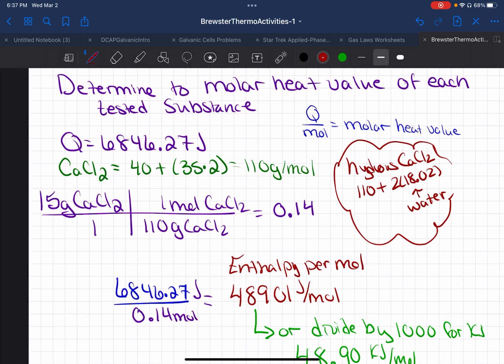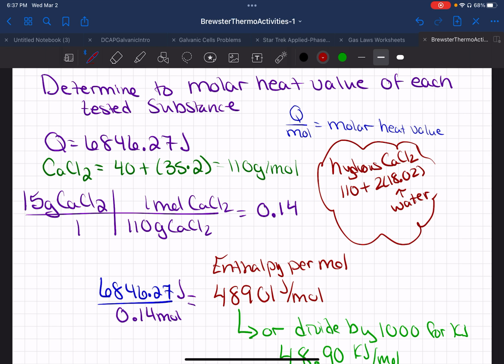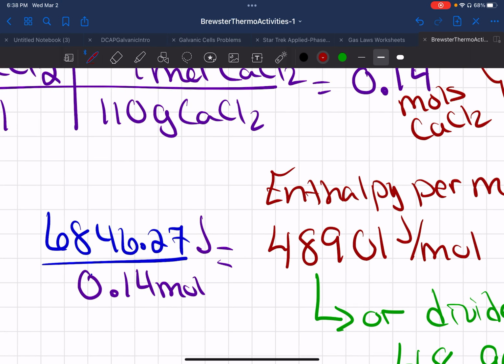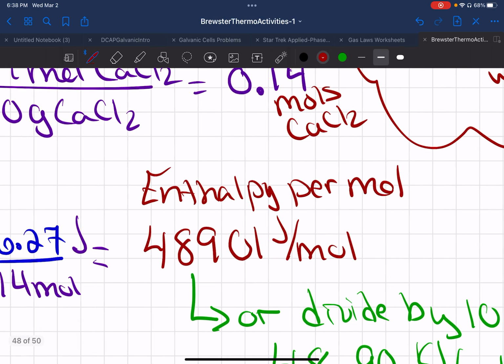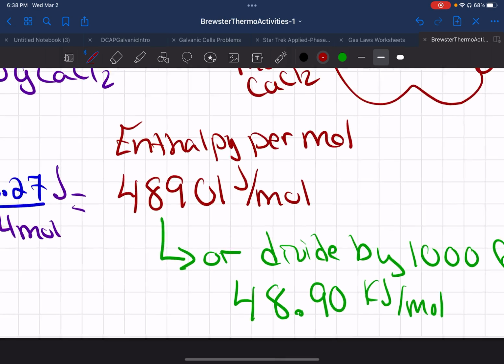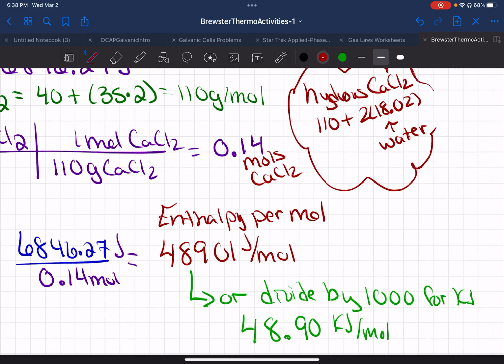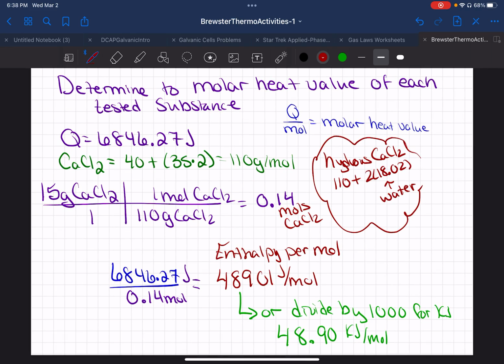All right, once you have that, you simply take your Q divided by the moles, and this should be moles of CaCl2. And that's what I've done here. So I took the 6846.27 divided by 0.14, and I get a fairly large number because it's measured in joules. Well, I can always change it over to kilojoules by simply dividing by 1,000. And that's how I solve for my molar heat value.